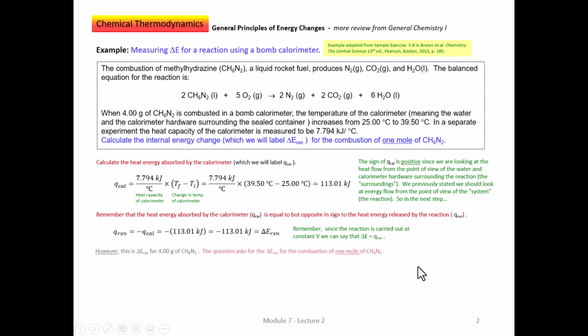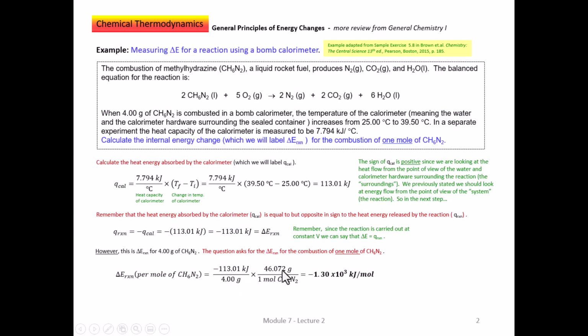Recall, however, that the problem asks for the deltaE of reaction for the combustion of 1 mole of methyl hydrazine. We just found out what it was for 4 grams. So we need to adjust for 1 mole. We can do that by taking the fact that the deltaE of reaction is minus 113.01 kilojoules per 4 grams.